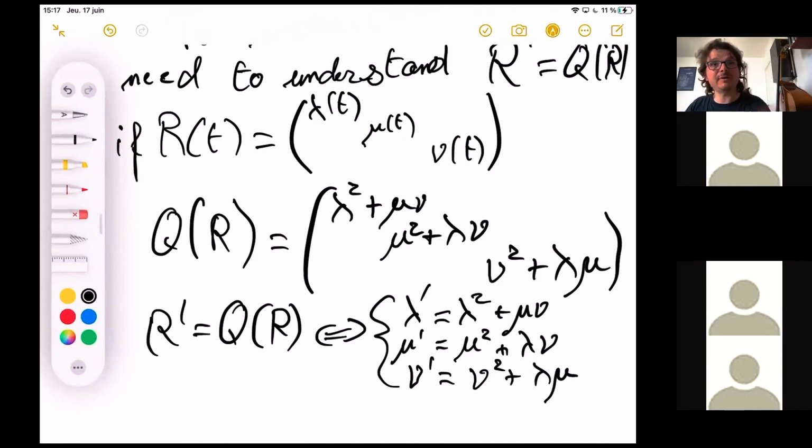Now, if we find convex O(n) invariant conditions which are preserved by this ODE, you have to be a little careful: it's not convexity in lambda, mu, nu, it's convexity in the matrix. I won't delve too much into that.